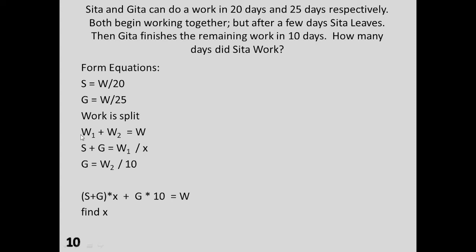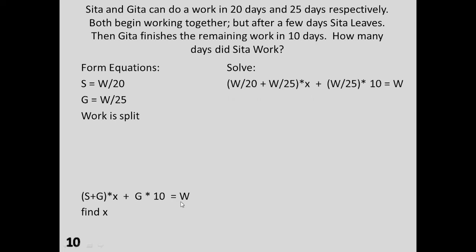The basic formula that we learned is productivity is equal to work divided by time, which we can also think of as productivity into time is equal to work. With sufficient practice, you can skip the intermediate equations and write this equation directly. Solving is simple. We just have to substitute the values of S and G in this equation. Answer is 20 divided by 3 days.